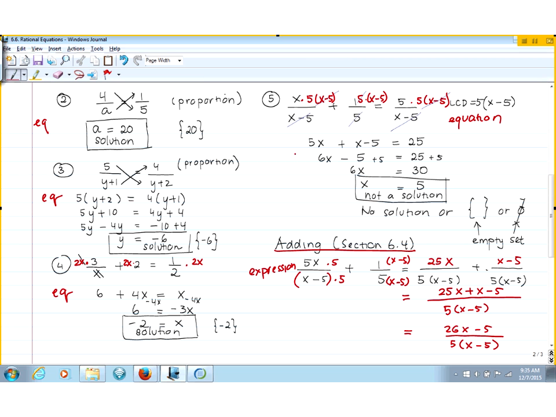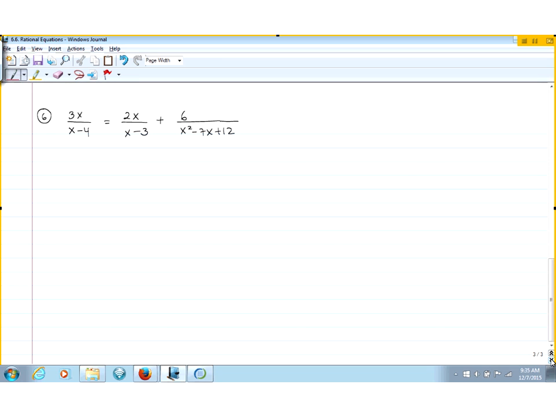The ones that we were doing, number 1 through 5, were section 6.6. Can I clarify anything before we move on so everybody knows the difference between adding and solving equations? Yeah, so if you have equations, we have both sides, so we could clear the LCD, the denominator. Yes? Okay. Now let's continue.